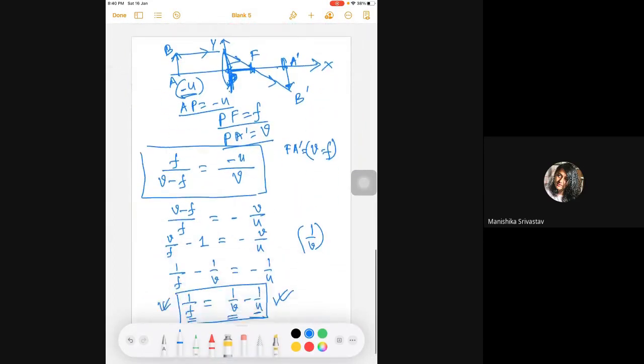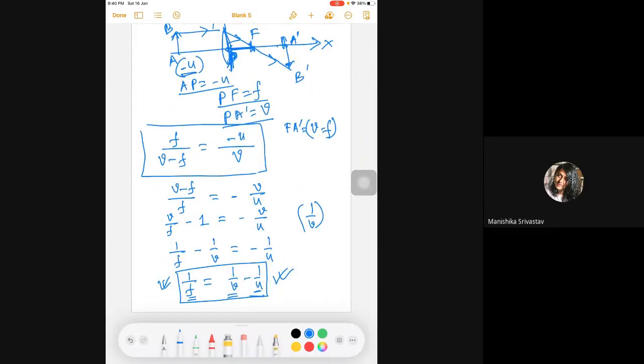I encourage you to do it on your own. If you get stuck, refer to the class notes and again do it on your own, and then it will be clear. Once you do it one or two times, it will be clear, and you will have the ability to solve a lot of numericals. So I'll stop here.